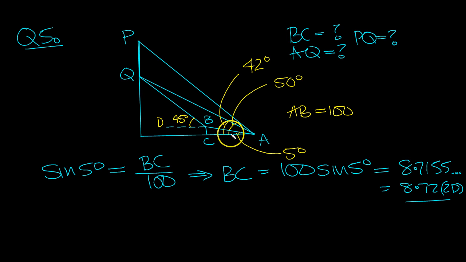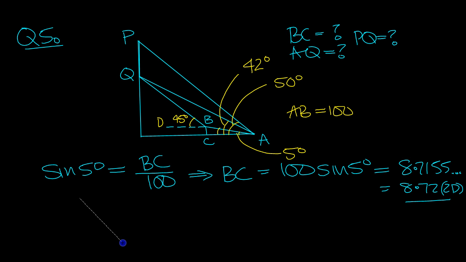Now, the distance AQ, A to Q. Well, we know this angle is 5 degrees and we know this one is 42. Let's try and sketch it, just by sketching it actually, using a ruler if I can.